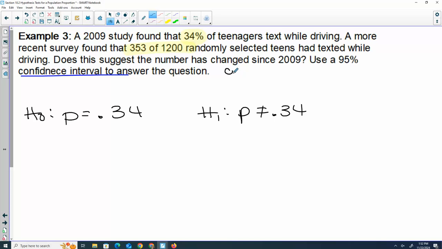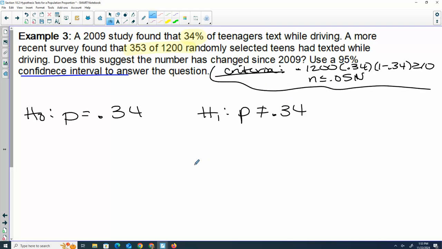All right, let's go ahead and verify the criteria. So n is 1200 times p 0.34, 1 minus 0.34, greater than 10. And that one works. And is my sample less than 5% of the whole population? Yes. So criteria is good, we can move forward.